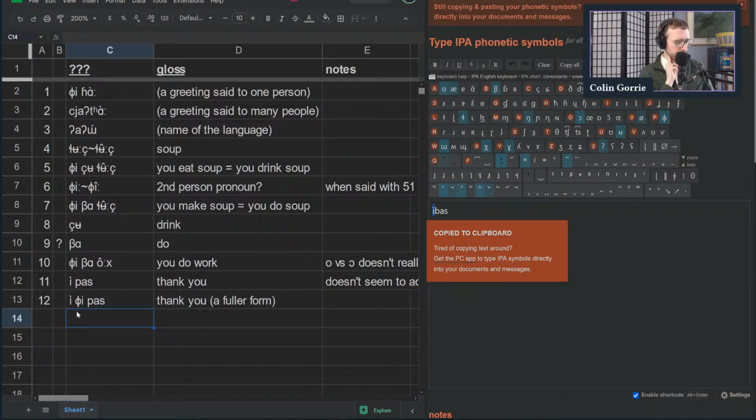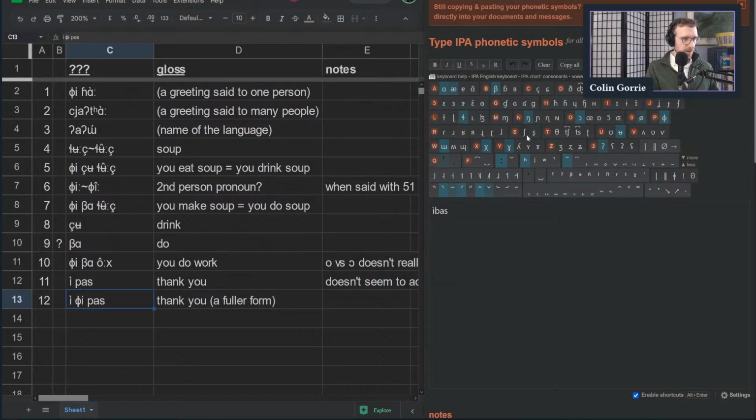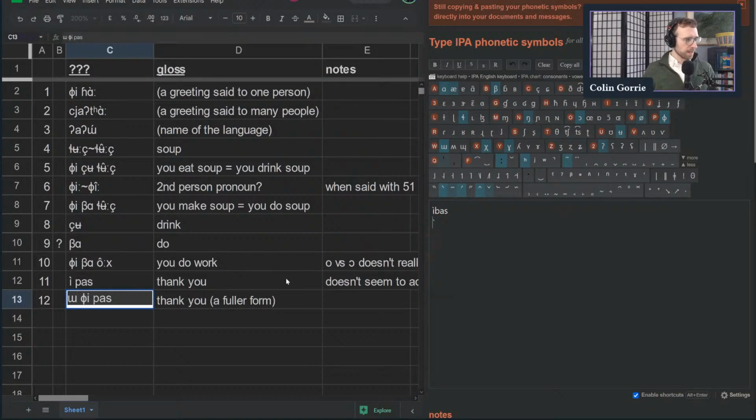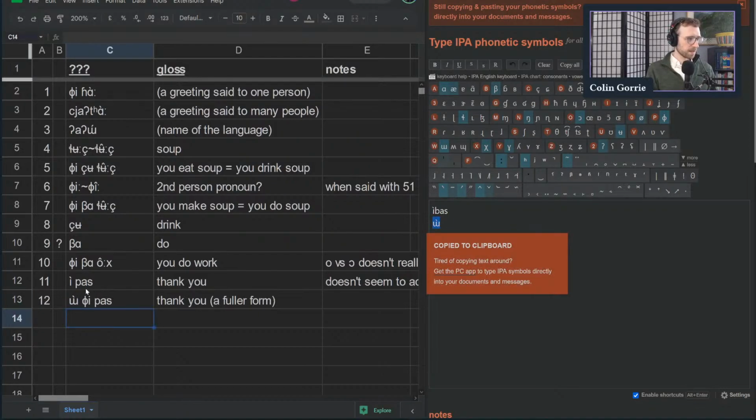All right. So, ubas versus iwashu. Okay, so there is a difference here. We actually don't have the same vowel in both of these. Interesting.